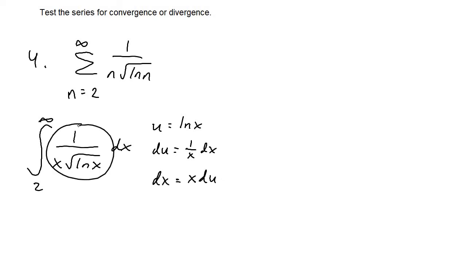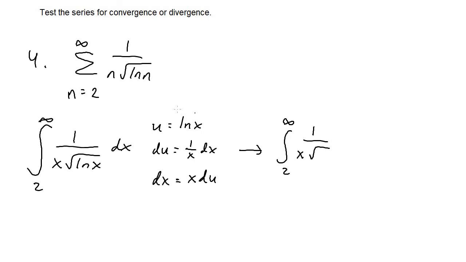If I go ahead and replace everything back into the integral, we have the integral from 2 to infinity of 1 over x times the square root of u, because once again we made u equal to the natural log of x, times dx, which once again is equal to x times du. Realize the x's will cancel, so what we have left is the integral from 2 to infinity of 1 over the square root of u, which I can rewrite as u to the negative 1/2 times du.